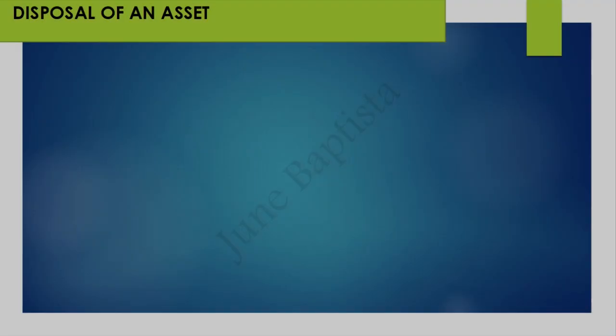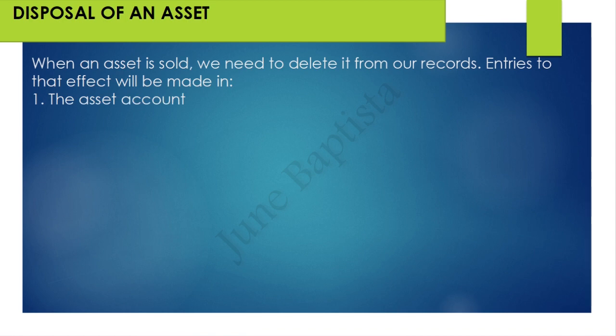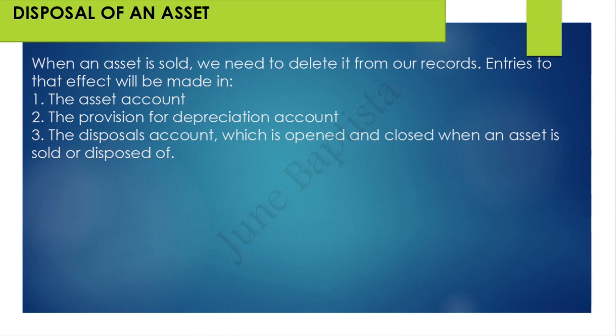What happens when an asset is disposed of or sold? When an asset is sold, we need to delete it from our records. Entries to that effect will be made in 3 accounts: the asset account, the provision for depreciation account, and the disposals account, which is opened and closed when an asset is sold or disposed of. The disposals account usually has the following entries.